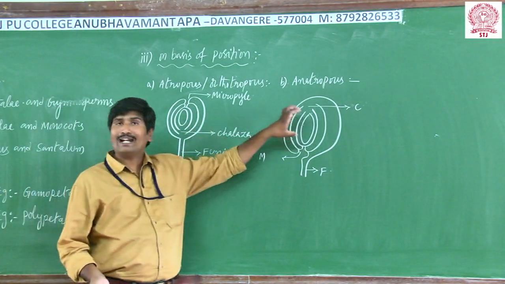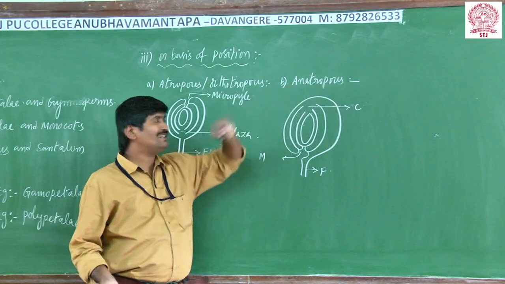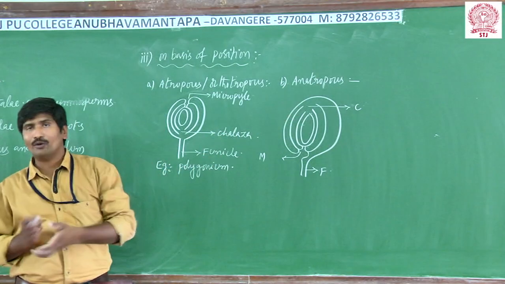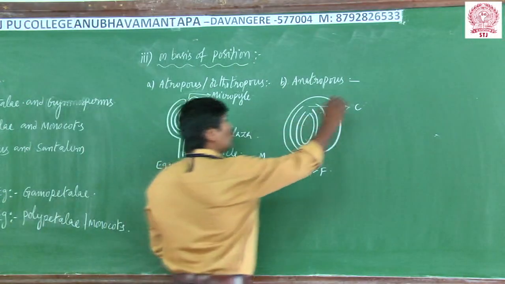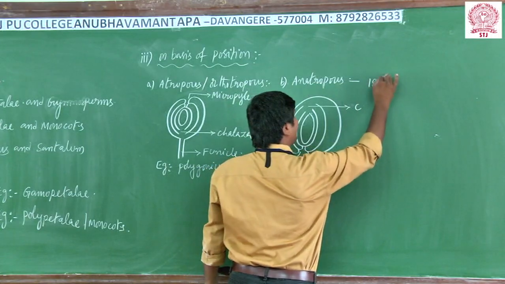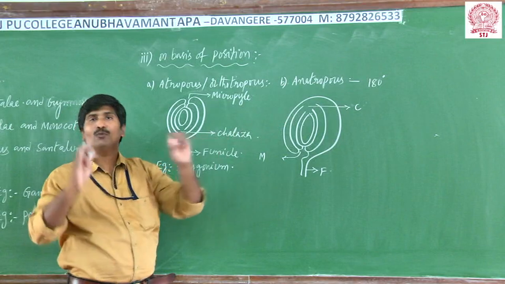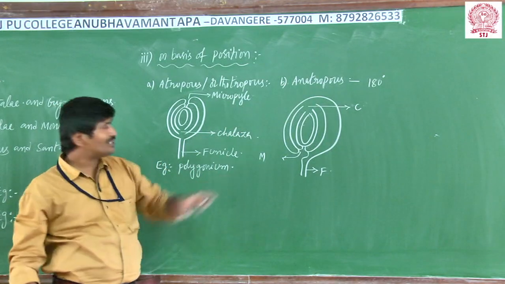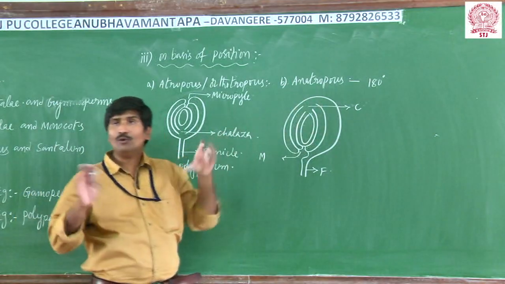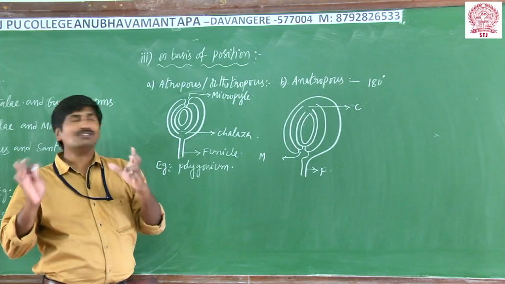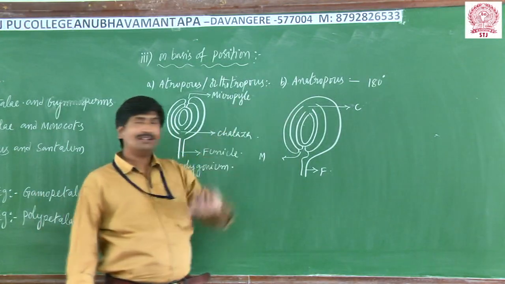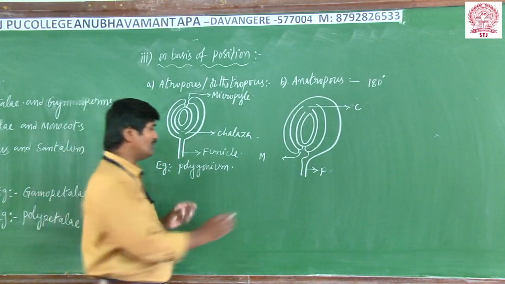Anatropous is the most advanced type of ovule. A total of 180 degrees curvature takes place in the structure of the ovule. That's why it is the inverted ovule and the most advanced type.